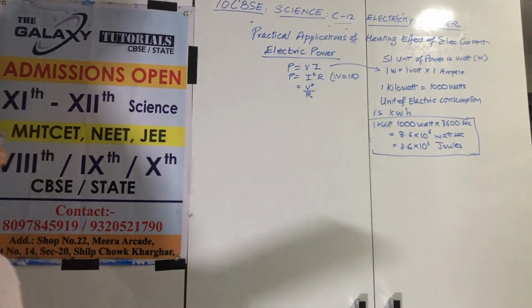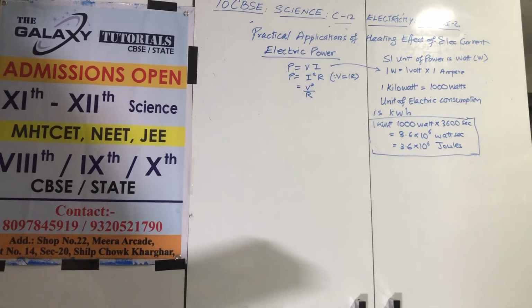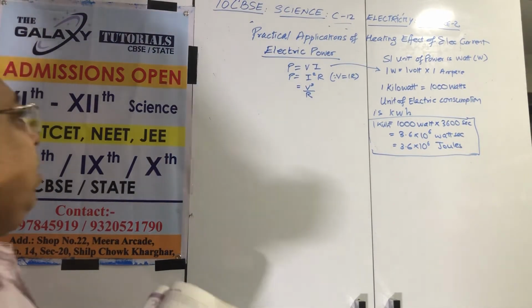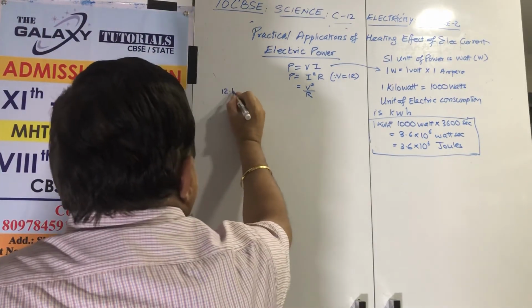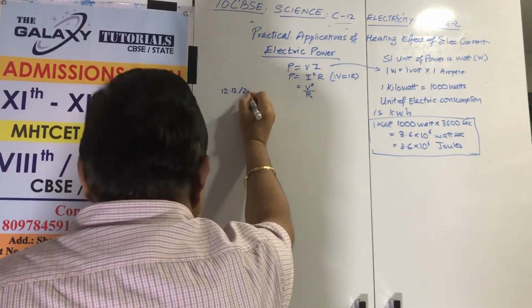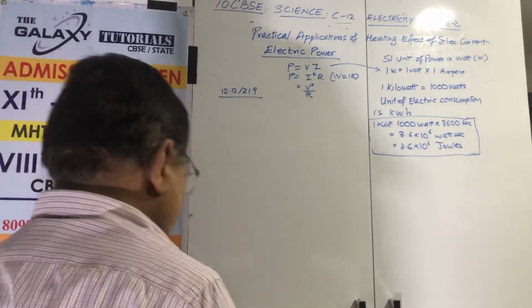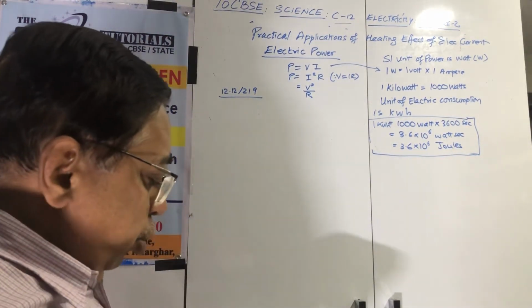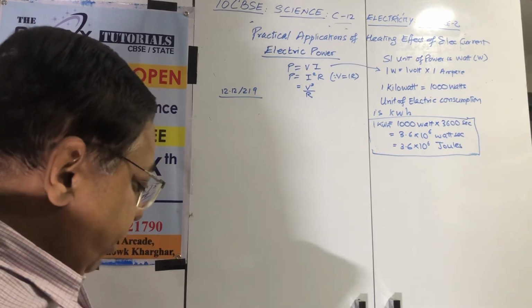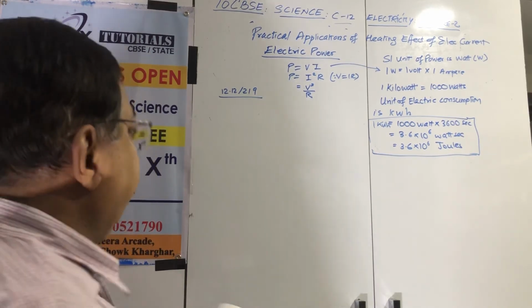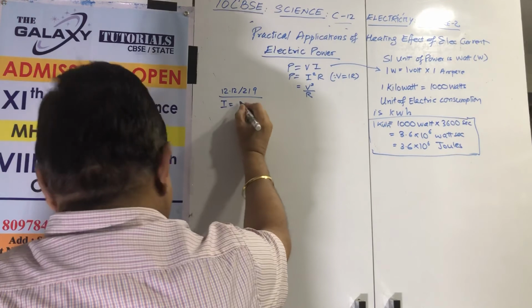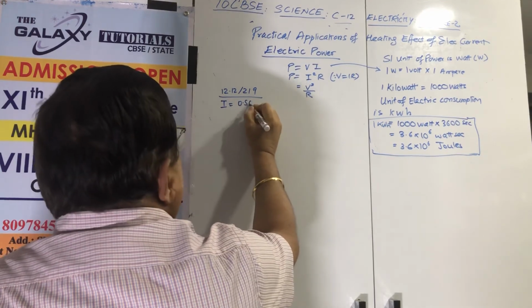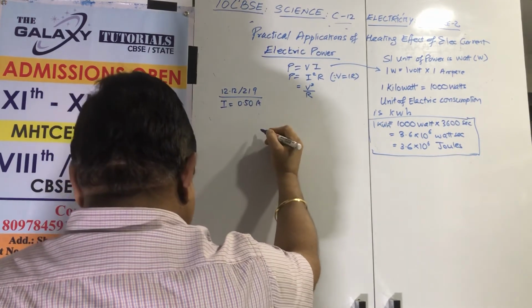Okay, we will be seeing numerical problems on this. 12.12, page number 219 of your textbook. An electric bulb is connected to a 220 volt generator. The current is 0.5 amperes.